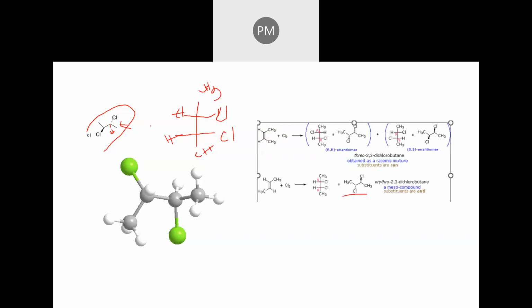In that molecule, a sigma plane passes through it. If that is the case, then if I draw that molecule in the mirror image, the mirror image is exactly the same.